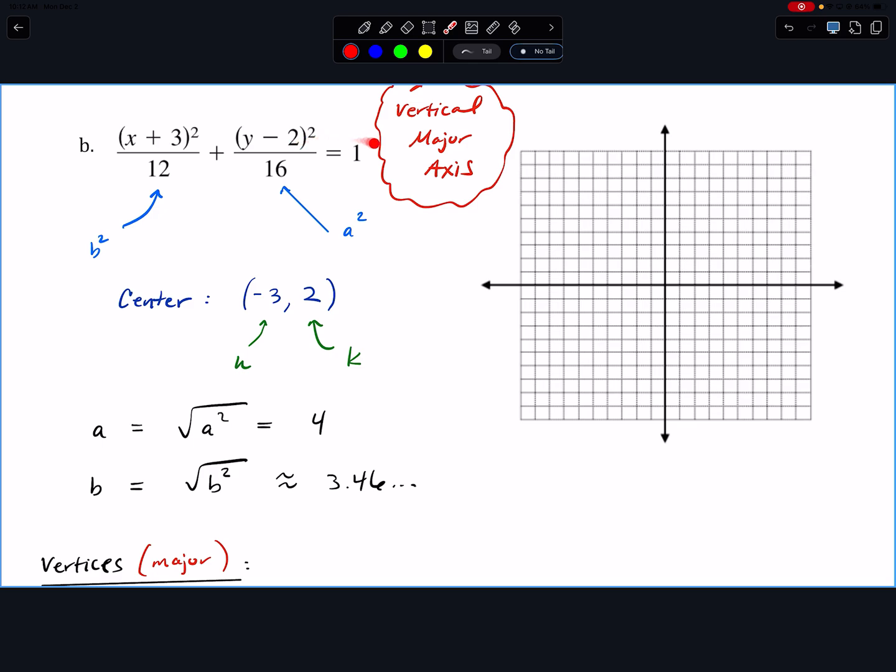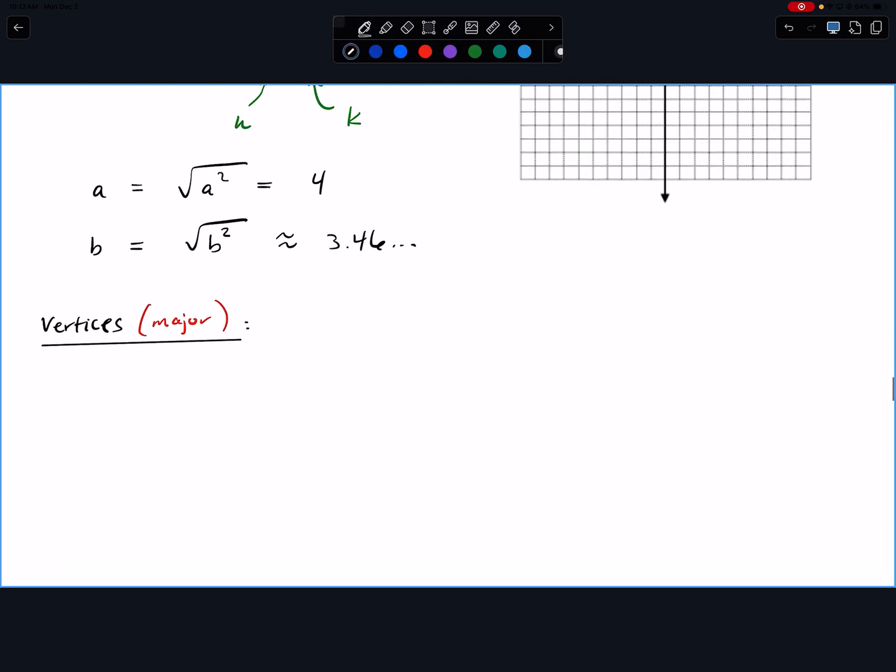Y. So I'm going to add the A value to the Y coordinate because it's the vertical axis that's major. So the formula is H comma K plus or minus A. What was H?